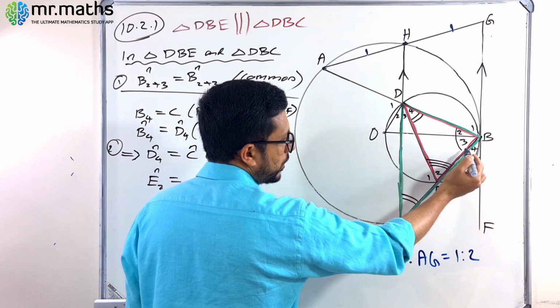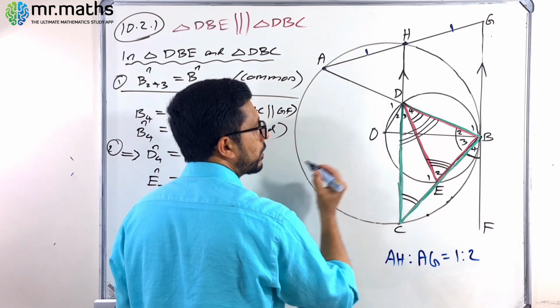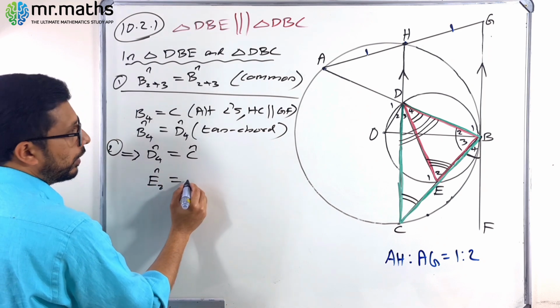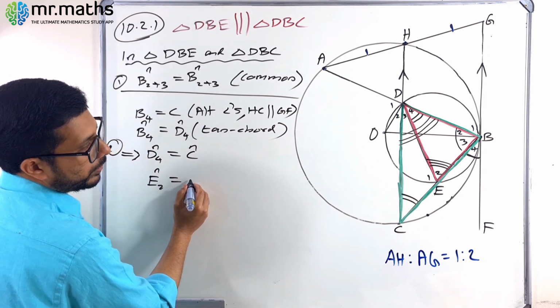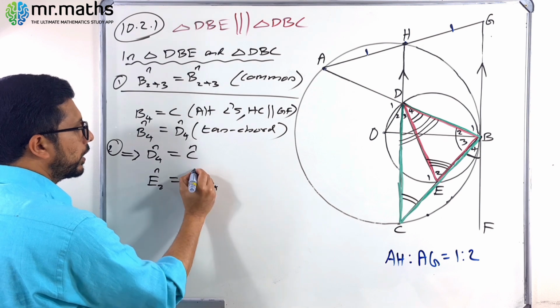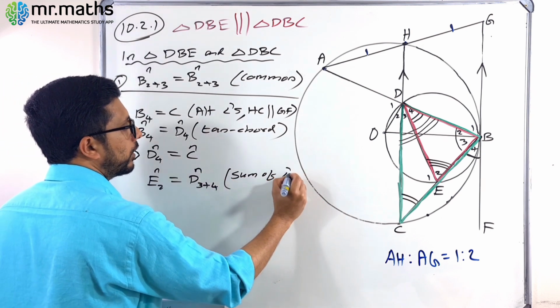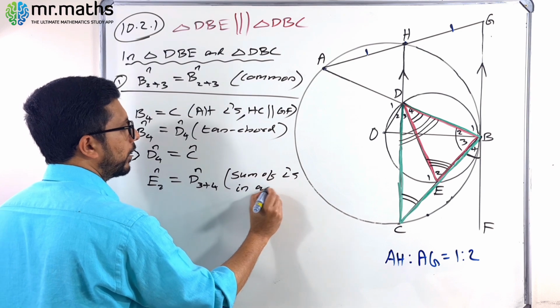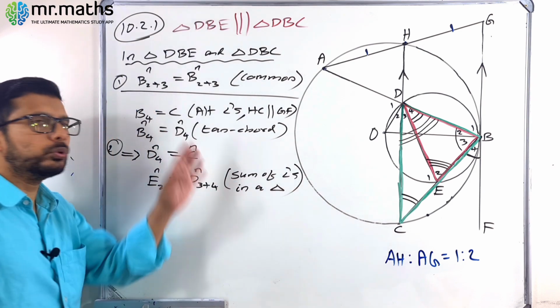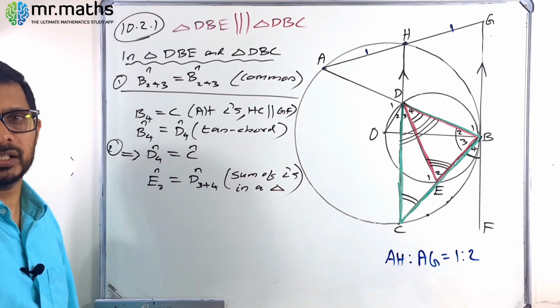We already took this one and this one, so this is the combined angle: D3 plus D4. That is the third one. What is the reason? Sum of angles in a triangle. So it is enough to prove two; for the third one you just write the reason as sum of angles in a triangle.